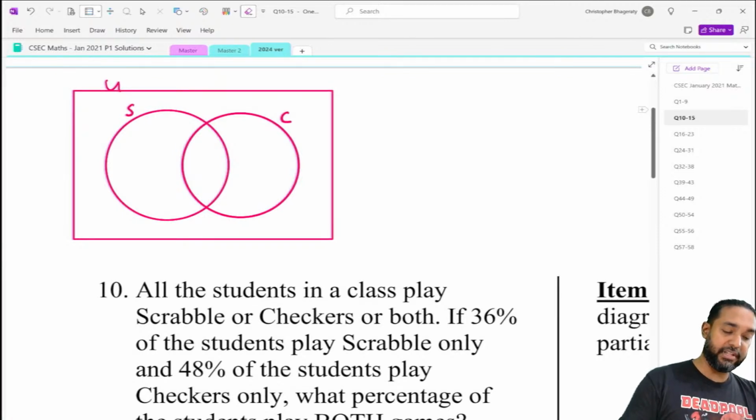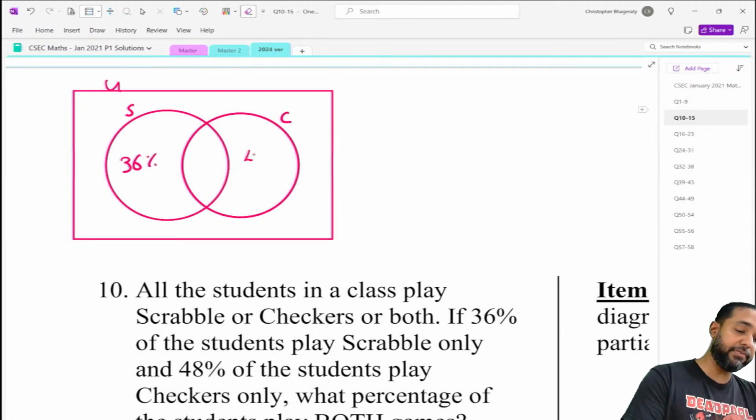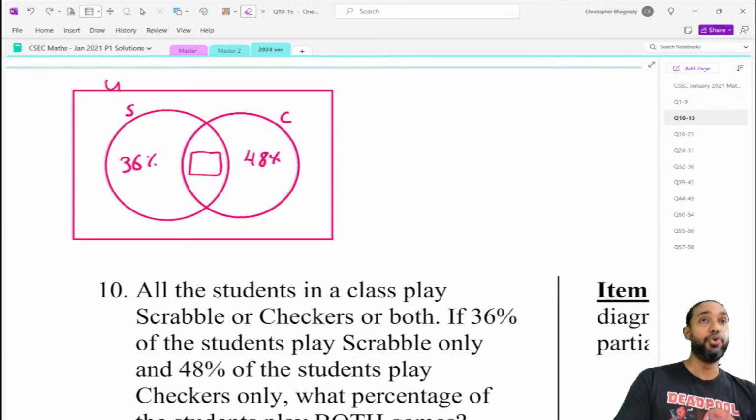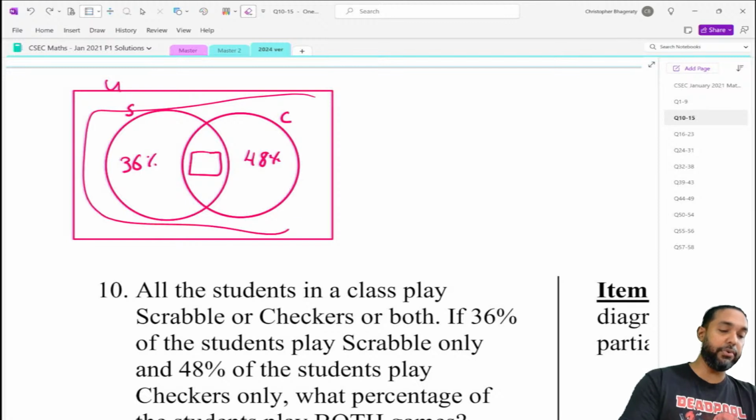Now 36% play Scrabble only, so that's 36% here. 48% play checkers only, that's 48% here. We need the number of people who play both. And we know that everybody plays either one or both. There's no one who plays neither, so there's no percentage on the outside here.